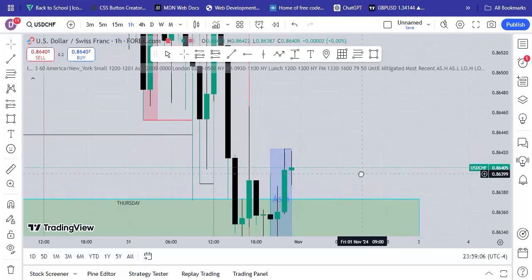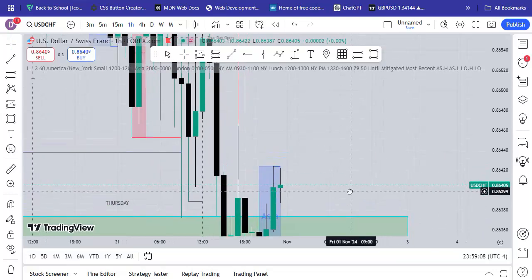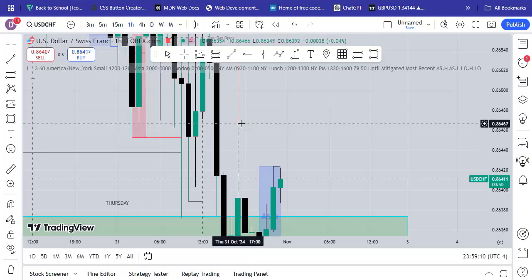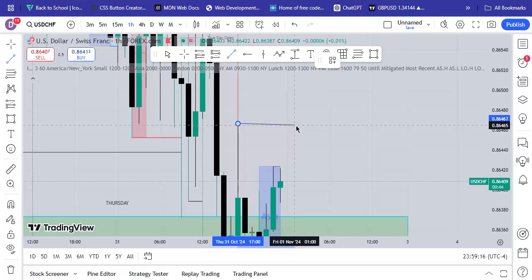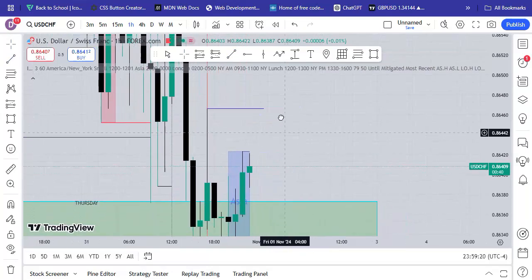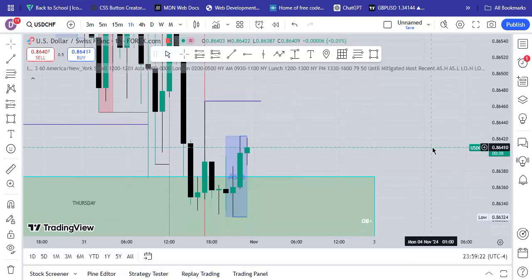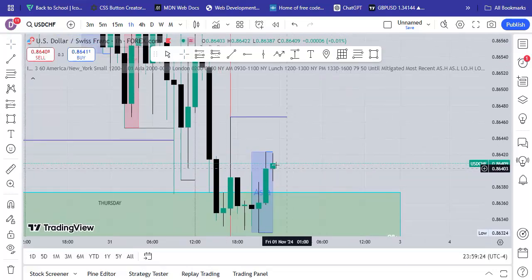I want to see a very good move. Maybe we quickly take out this candle's high right here. It will signal to me that there's a change in the state of delivery, a market structure shift. If we can have a sharp move towards the upside, then I'll be looking for any retracement.